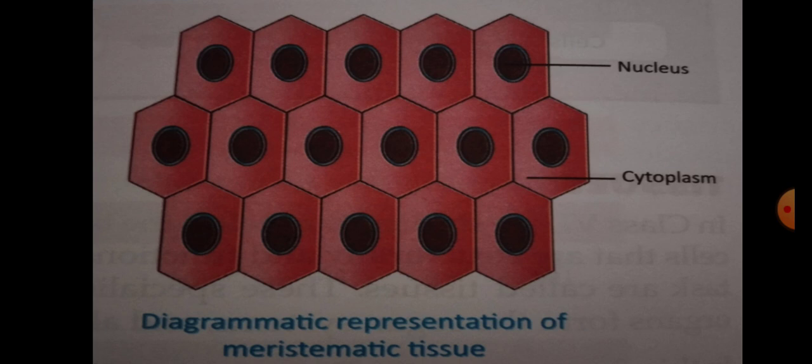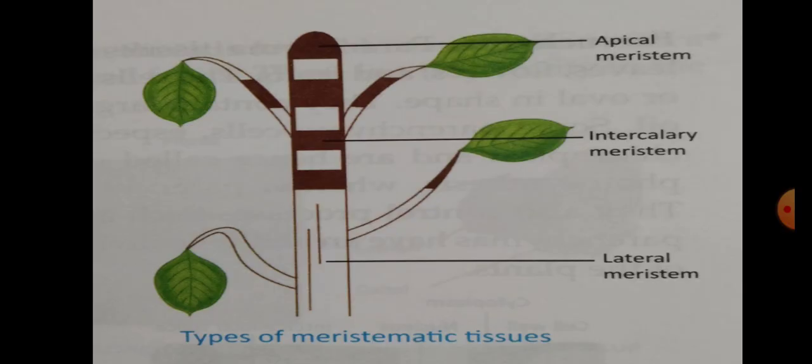On the basis of the position or location of the meristematic tissue, they are further classified into apical meristem, lateral meristem and intercalary meristem. So these are the types of meristematic tissue.